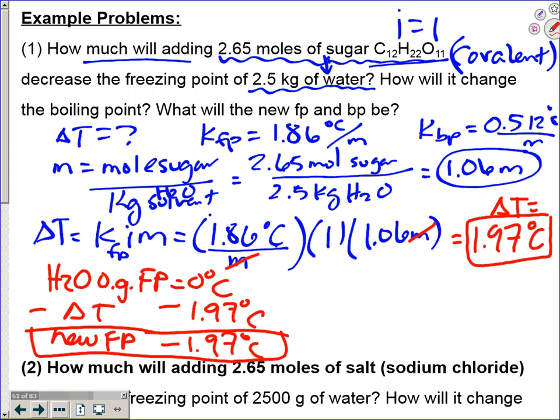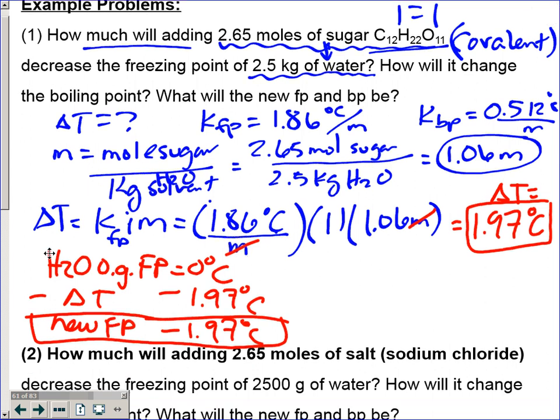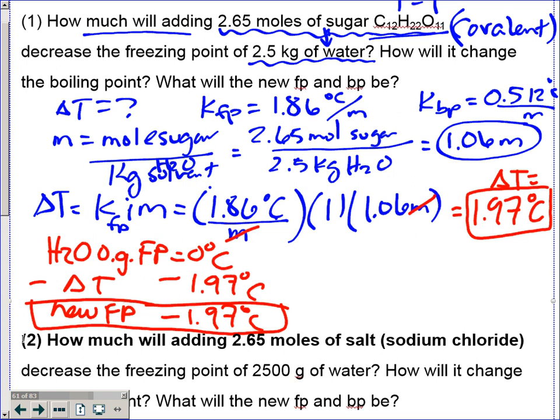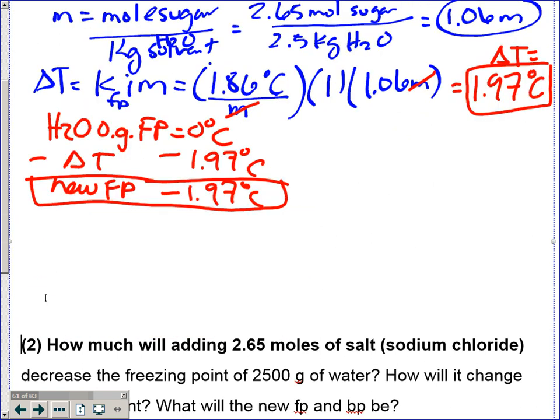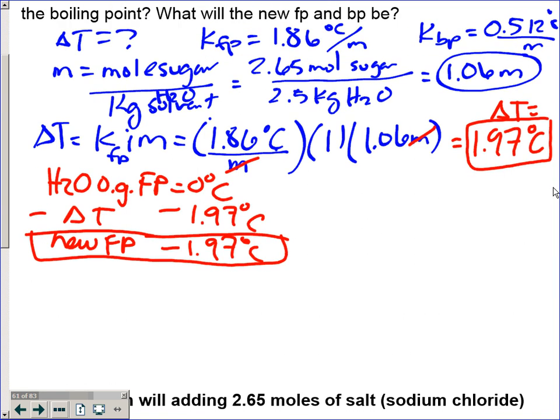I can't remember it. Yeah, that sounds right. And you're acting on the boiling point. Oh, you don't. It's elevation, remember?